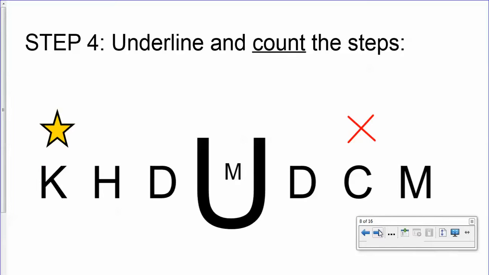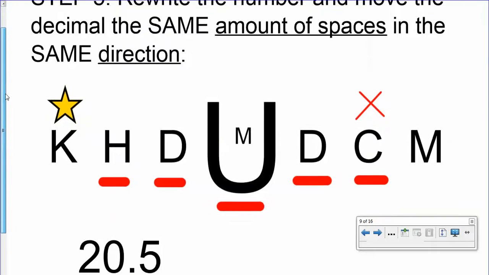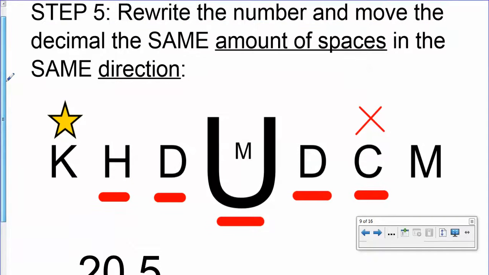Your fourth step is to underline and count the steps that you would need to take between the star and your end point. So 1 step, 2 steps, 3 steps, 4 steps, 5 steps. Just like this. Now that you've underlined your steps, you're going to need to rewrite your number and move your decimal the same amount of spaces in the same direction.